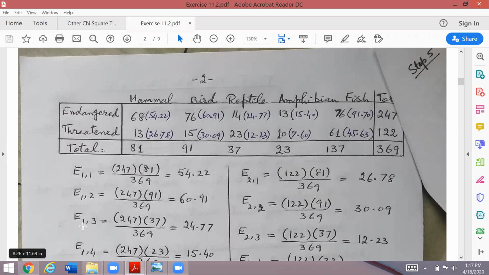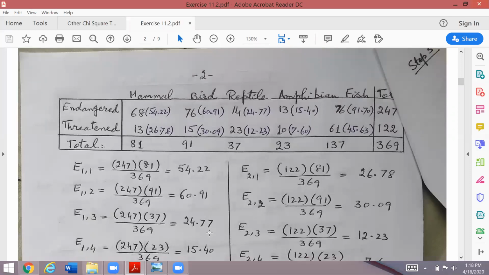E13, element in the first row, third column, is the reptiles. So first row sum is 247, third column sum is 37, and grand total is 369. If the figures have been written correctly, then calculation should not be a big matter for you. You have to use your calculators.